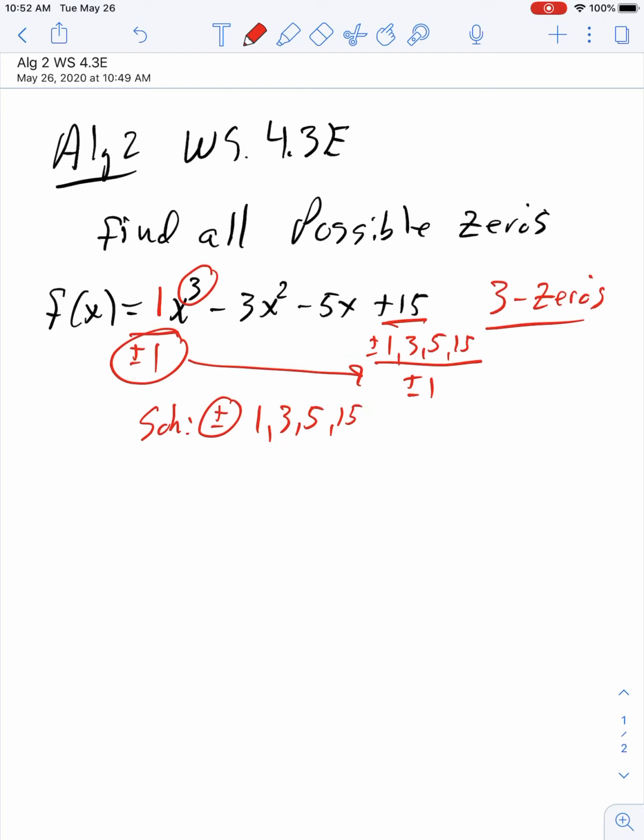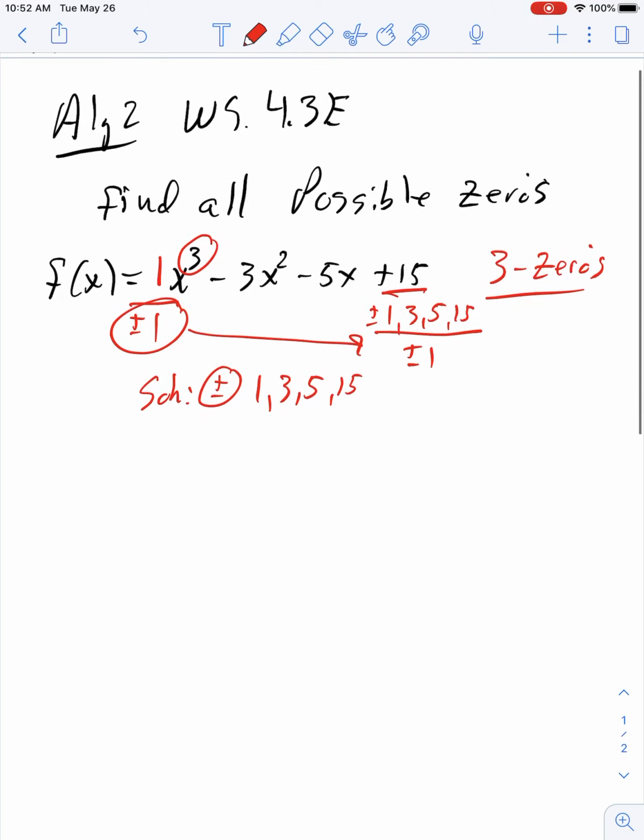So the possible rational ones would be, and these are just possible solutions, plus or minus 1, 3, 5, and 15. Now this is where you can use your calculators or Desmos, plug it in like I showed you in the last video on how to do that. And I think there's only one rational zero that works, and that would be x equals 3. Now that's a solution, and we're always looking for factors.